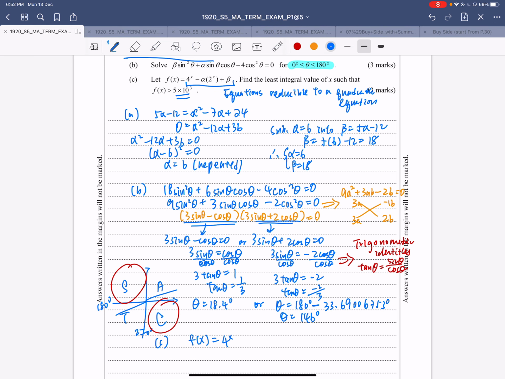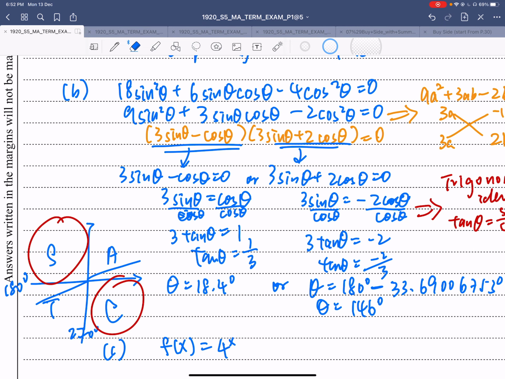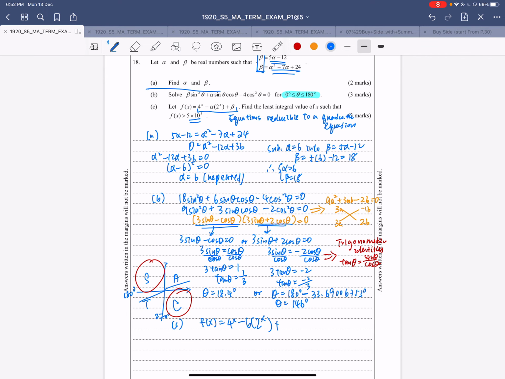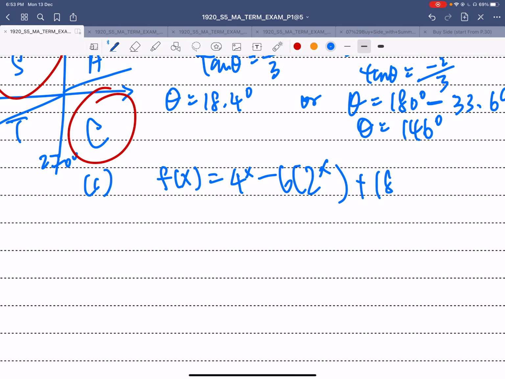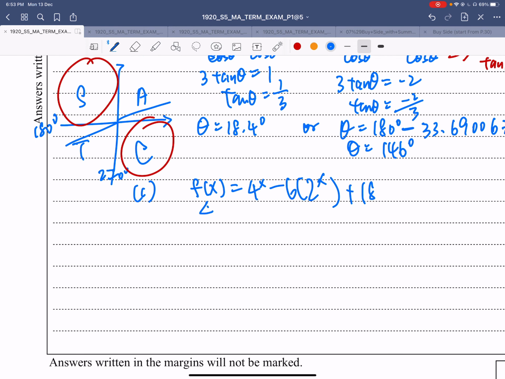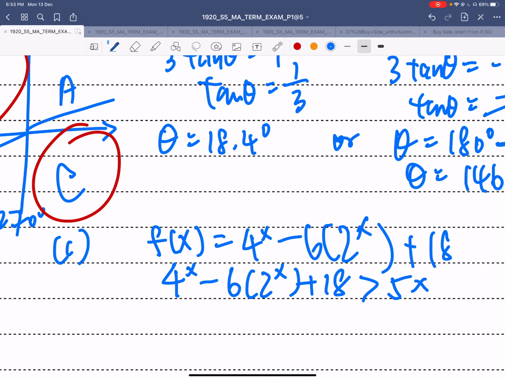Fx equals to 4 to the power of x minus 6 times 2 to the power of x plus 18, all right? So how can we solve? This one is larger than 5 times 10 to the power of 3.